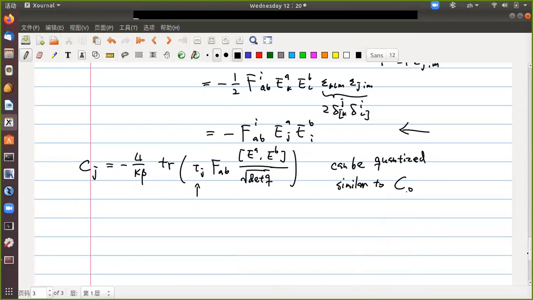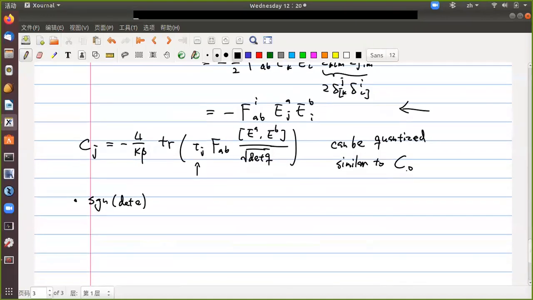All right. So again, we apply the formula. Again, we are actually not quantizing the C_j, but C_j multiplied by the sign of the determinant of E. So it is similar, because the quantization is similar to the Euclidean term. So again, we are going to use E^a, E^b.